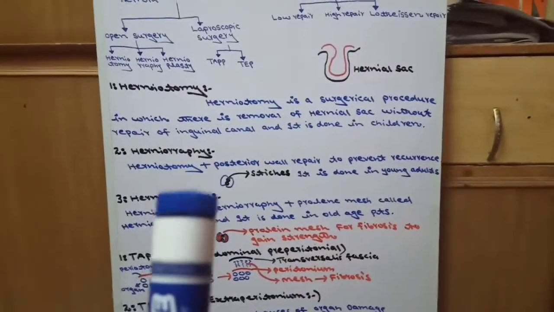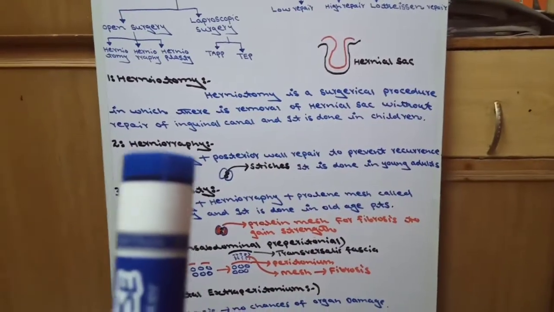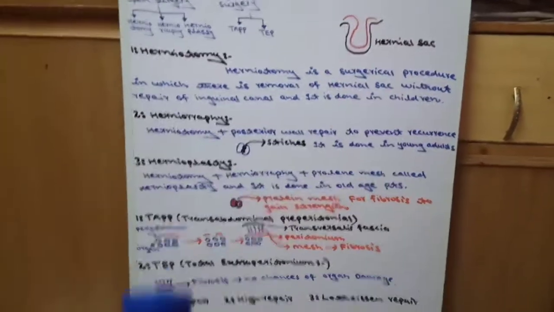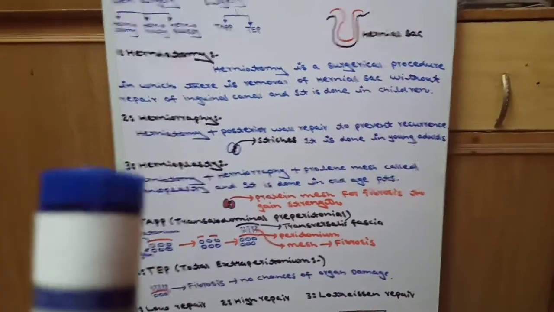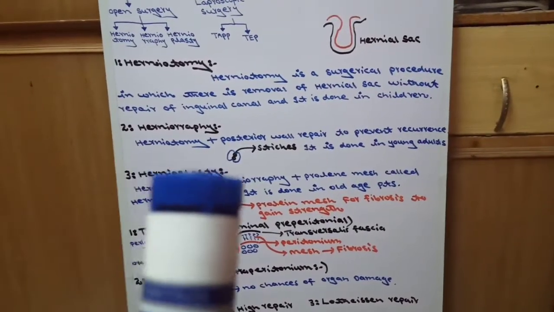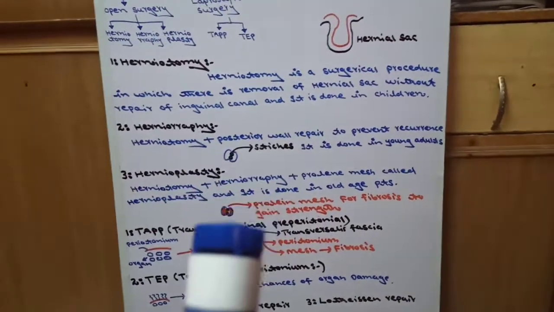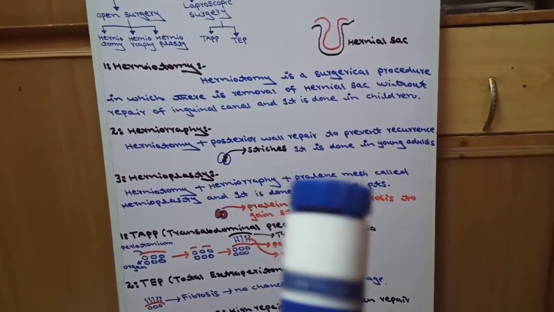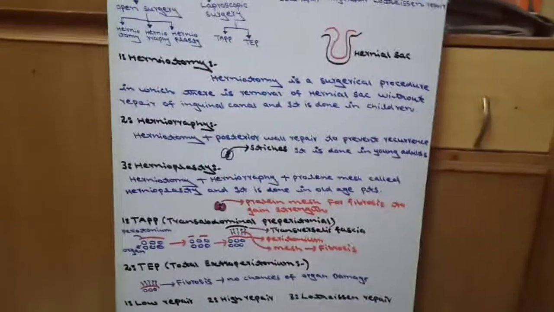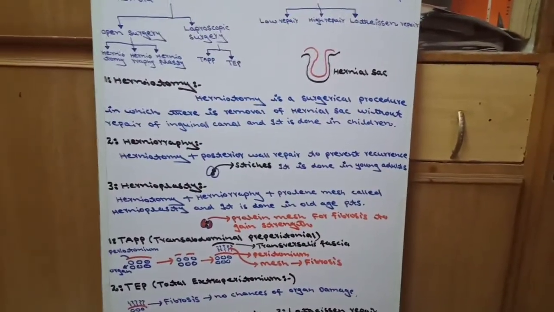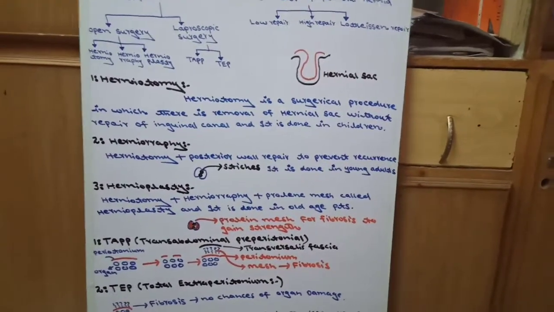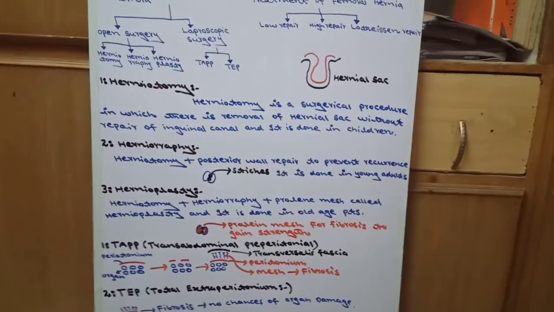In herniorrhaphy we remove the hernial sac plus repair the posterior wall to prevent recurrence. In hernioplasty, we remove the hernial sac, repair the posterior wall, and additionally apply the Prolene mesh. So the first is the age difference, the second is posterior wall repair and Prolene mesh.